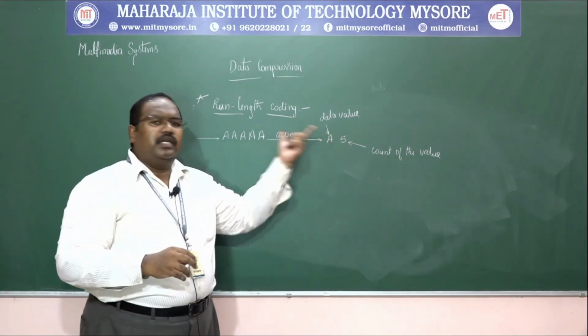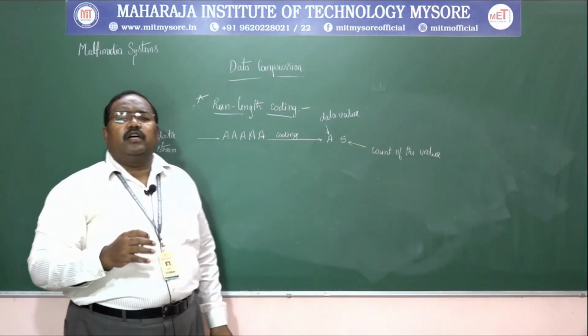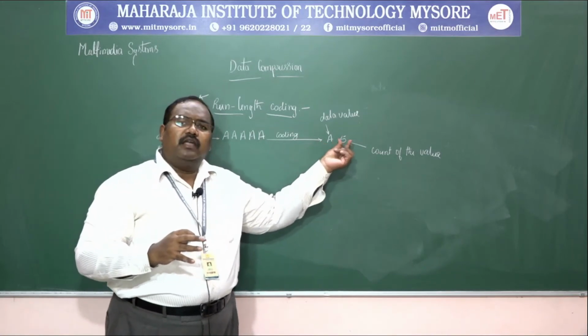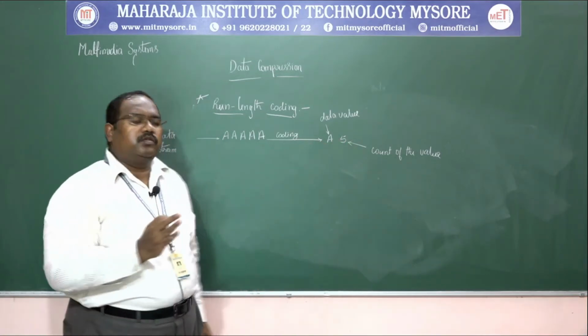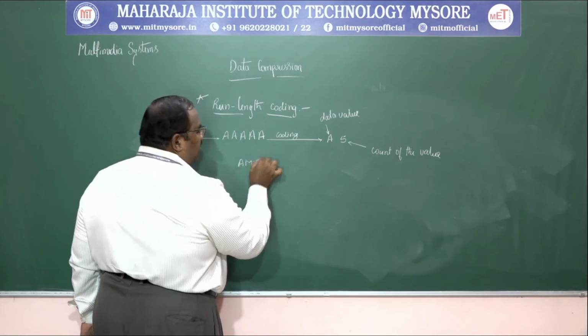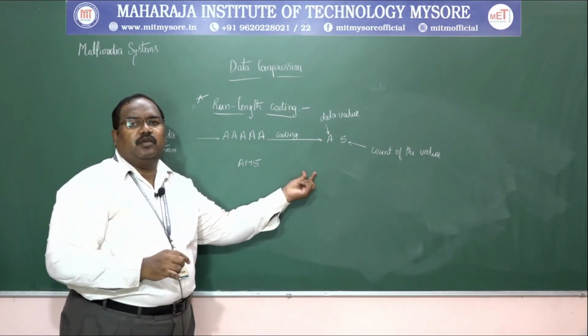This is the usual convention. But run length encoding says we are supposed to separate A and 5 using an M byte, meaning we represent A M 5, which means A should be marked 5 times in the sequence.